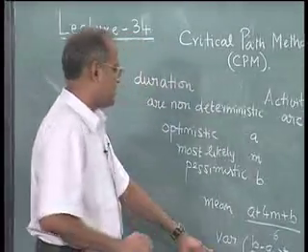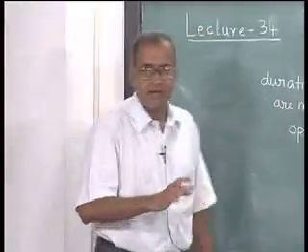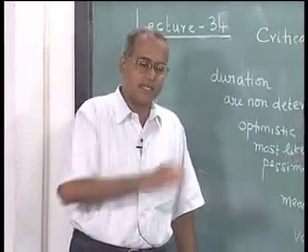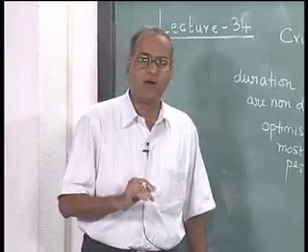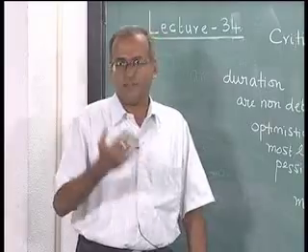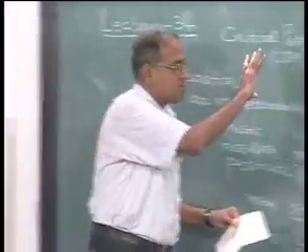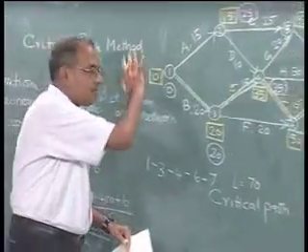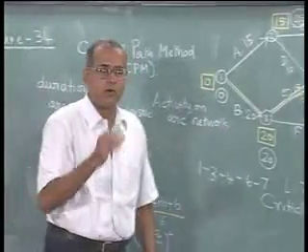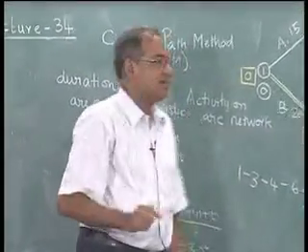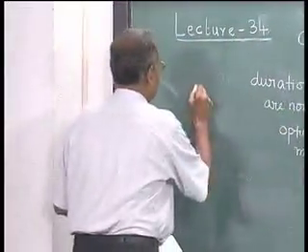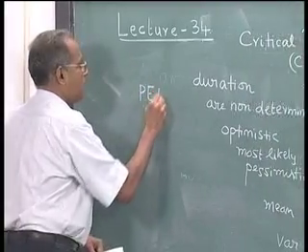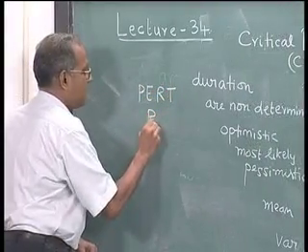Since variance is additive, we could add the variances and say that this is the expected critical path with a certain expected variance. So, the analysis shifts from a purely deterministic analysis to more of a probabilistic analysis, and such a thing is called PERT, which is called program evaluation and review technique.